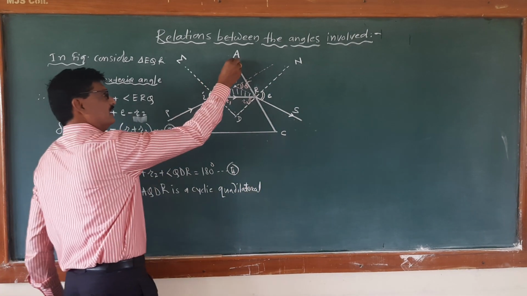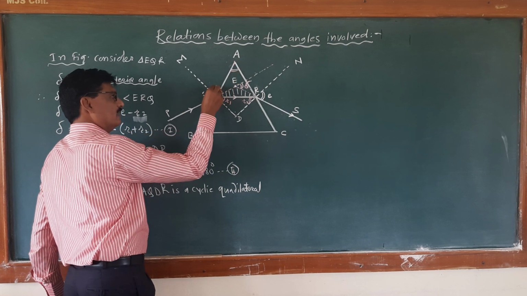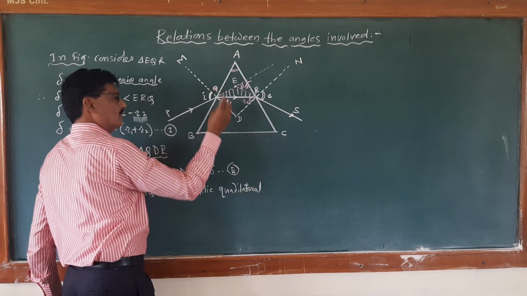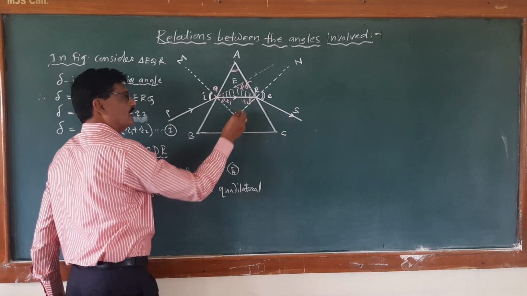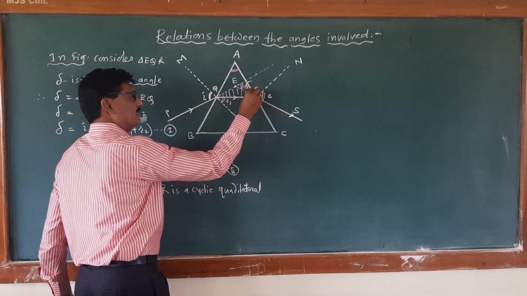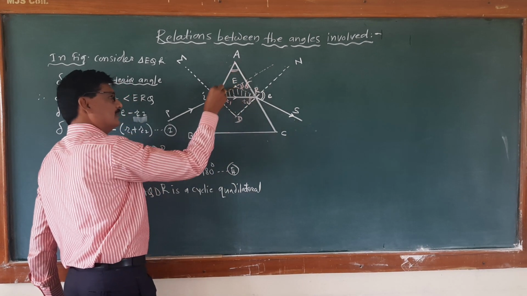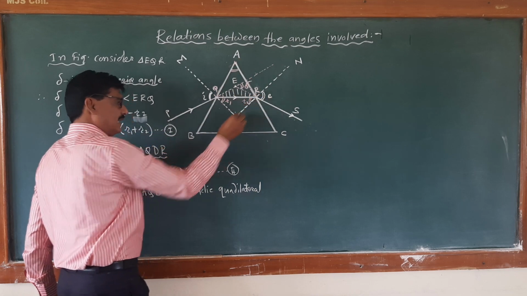This means that this is A, Q, D, and R. This AQDR is a cyclic quadrilateral.